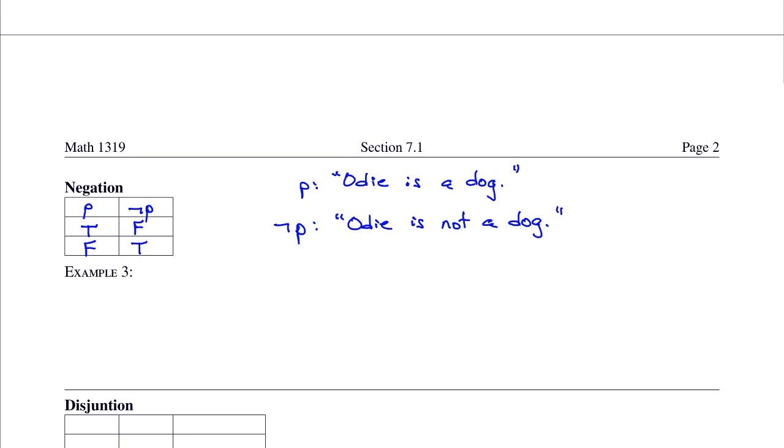The proposition that Odie is a dog was true or false? True. It's true. And the proposition not P, that Odie is not a dog, is false. False. Because Odie is a dog.